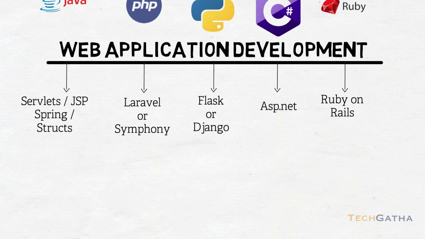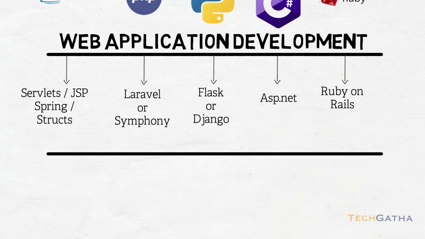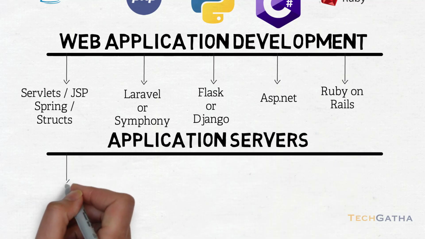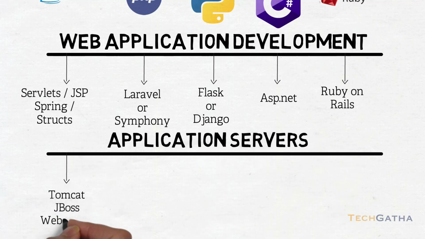Now to execute these applications, we need a specific software that can understand and interpret these languages and convert it to the machine understandable language. That's where specific application servers come in. So to execute Java applications, we have Tomcat, JBoss, or WebSphere.